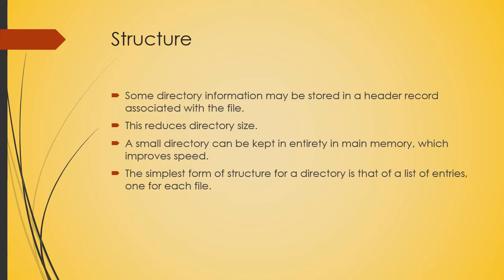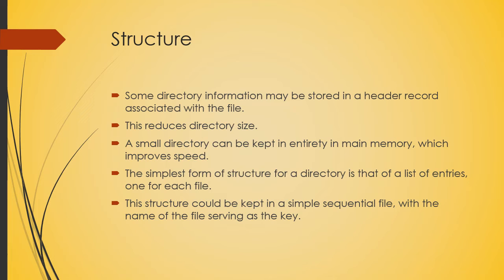The simplest form of structure for a directory is that of a list of entries, one for each file. This structure could be kept in a simple sequential file with the name of the file serving as the key. In some earlier single user systems, this technique has been used.